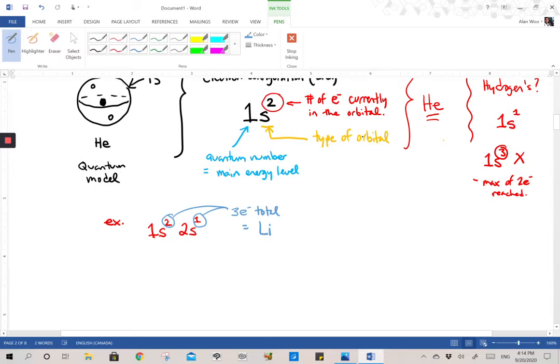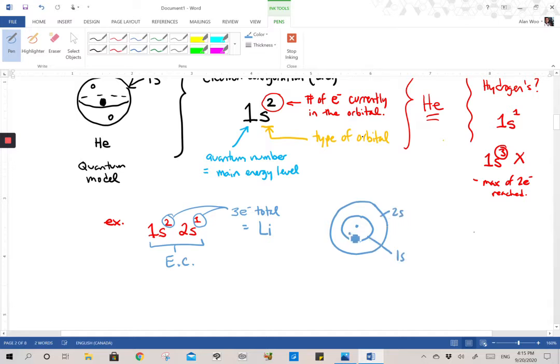Okay, the electron configuration tells me what orbital types make up lithium, so that if I have to draw it out now, I know that lithium would have a 1s orbital as well as a 2s orbital. Alright, so here's my 2s, here's my 1s.